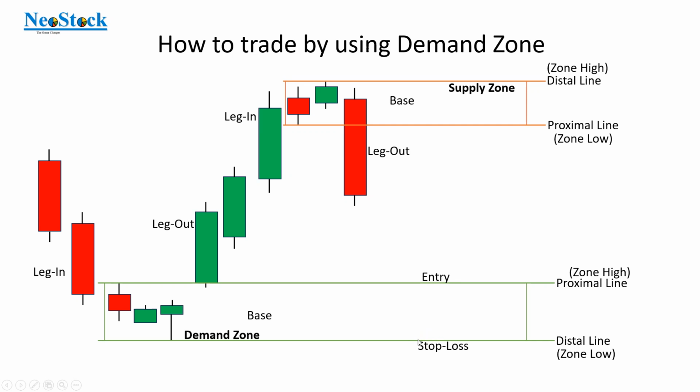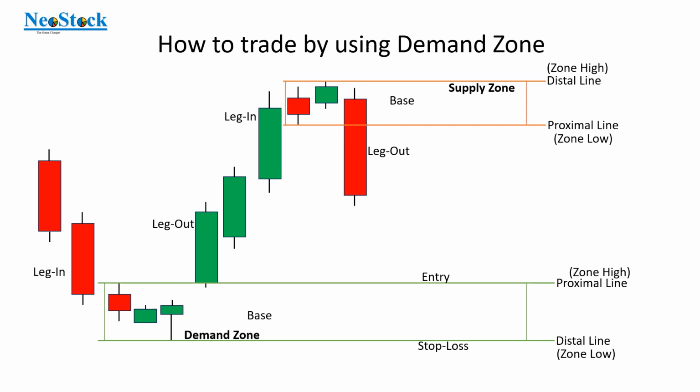That's why we want to limit our loss. We want to exit out of our trade when prices go below this distal line. So that is the reason why we define the distal line as stop loss.